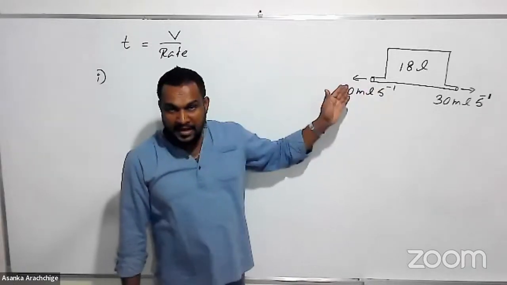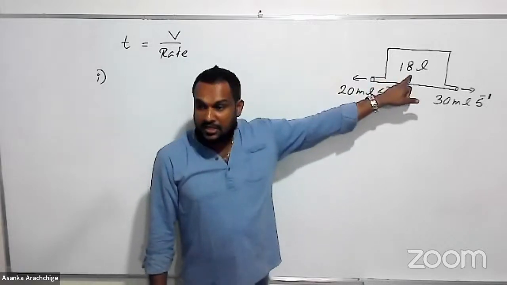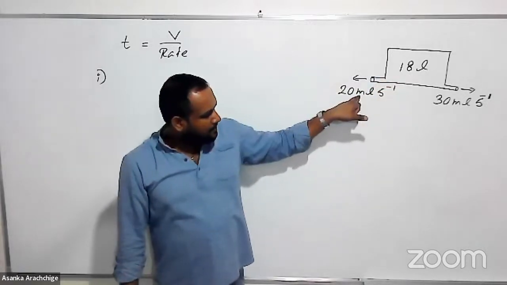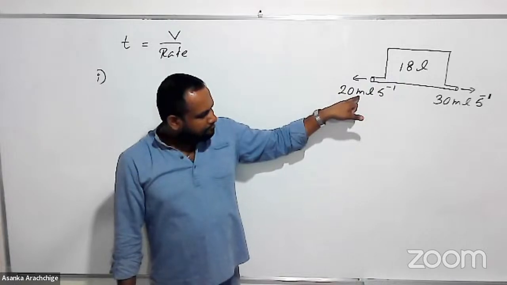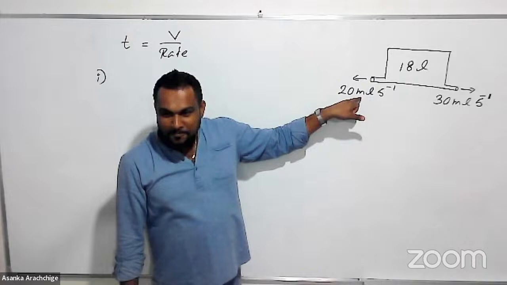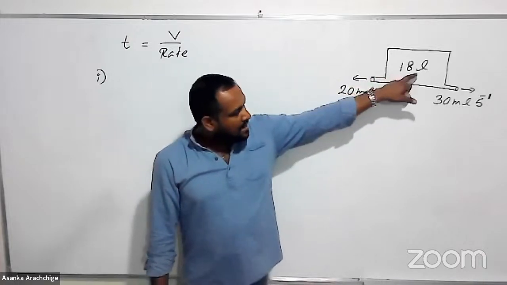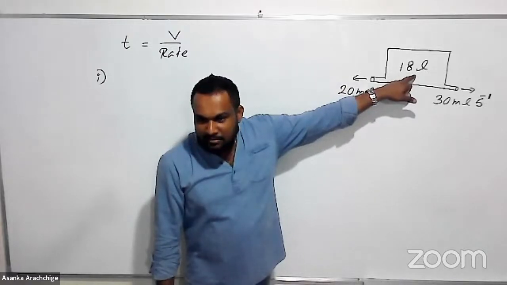There are two gates on either side of the tank of capacity 18 liters, but here the unit of the rate is in milliliters, no? The volume is given in liters.